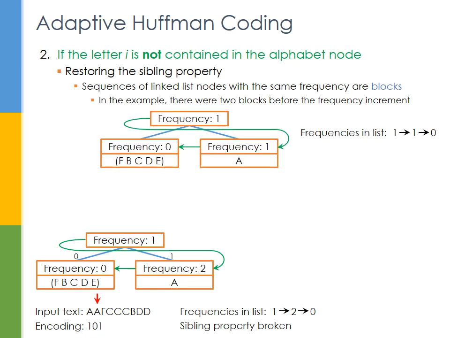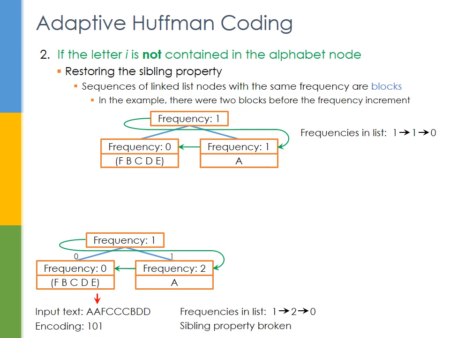If we look at our Huffman tree prior to the increment that we performed for the node A, where we incremented that frequency from 1 to 2, we see that the linked list in order, if we record the frequencies, running from the root node to the right child and then finally to the left child, would be the sequence 1, 1, and 0.